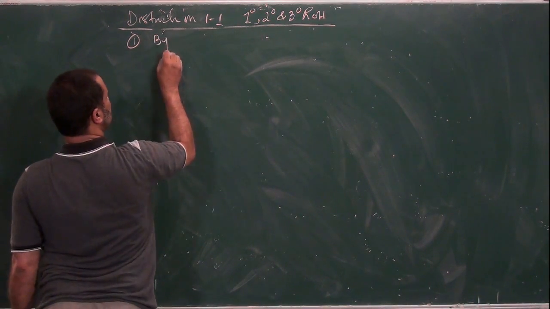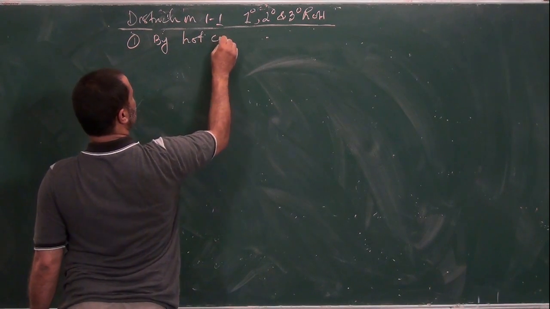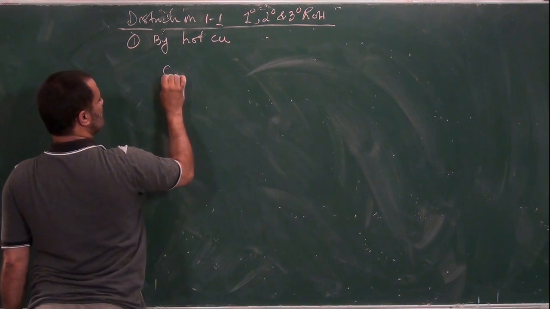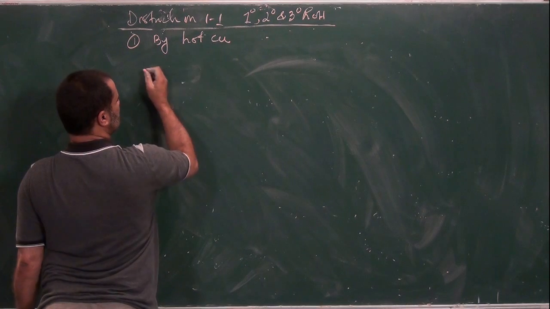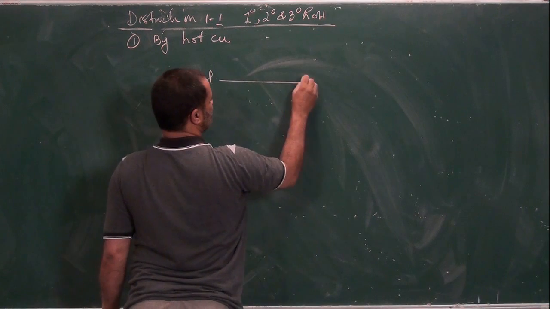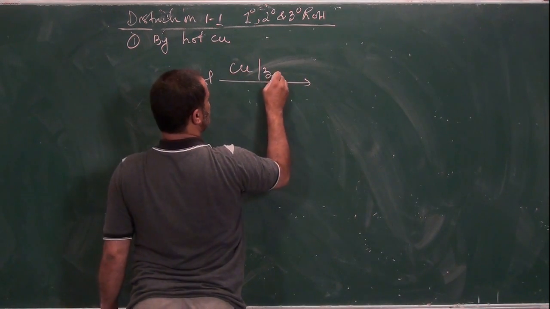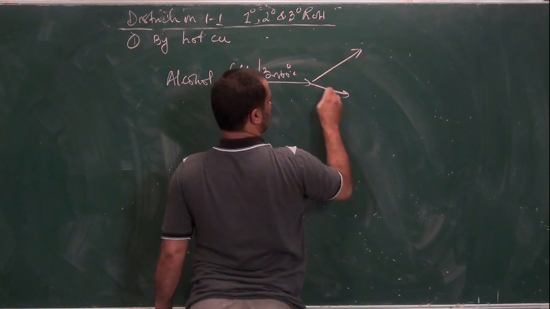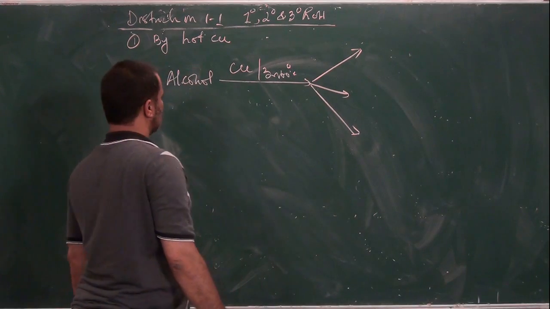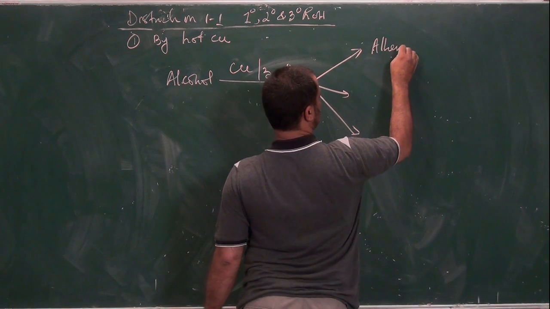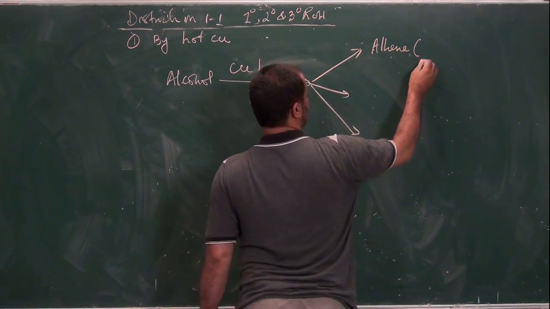By hot copper. Alcohol with copper at 300 degrees centigrade. If there is an alkene, the alcohol was tertiary alcohol.